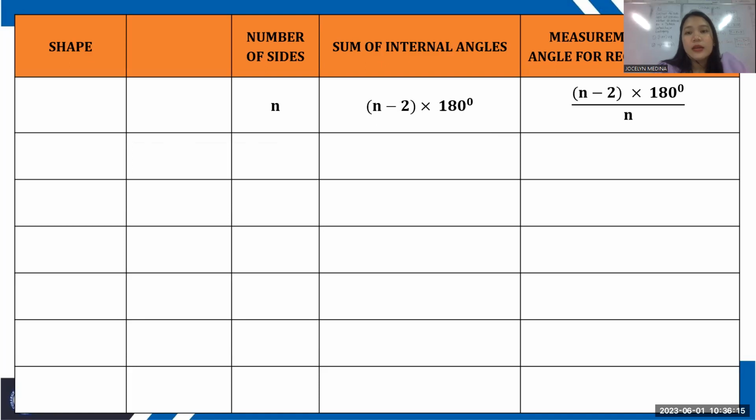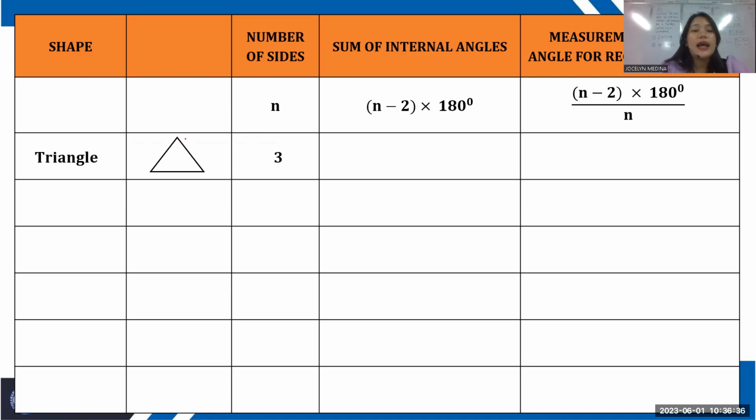Okay. Now, let's try to consider this polygon. This is considered a polygon. Una, straight lines. Pangalawa, closed. Okay? Ang tawag natin dito sa polygon na to, very easy, very simple, a triangle. Ilan yung sides? 3.